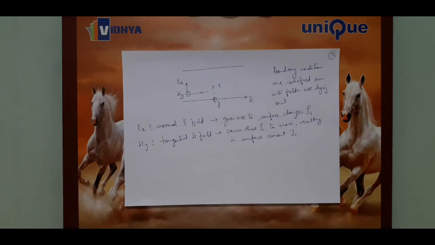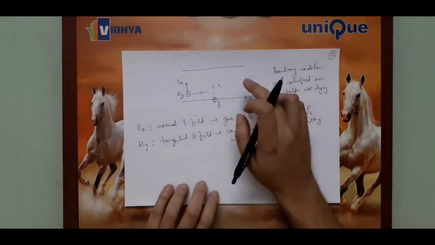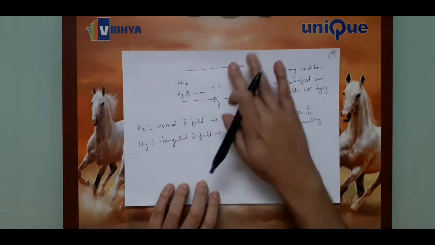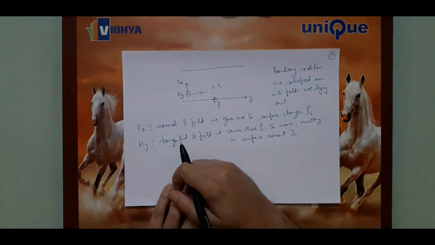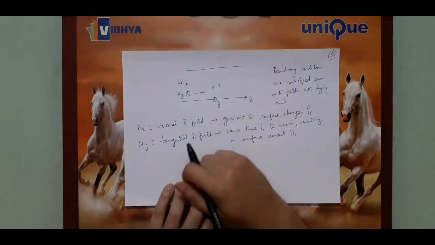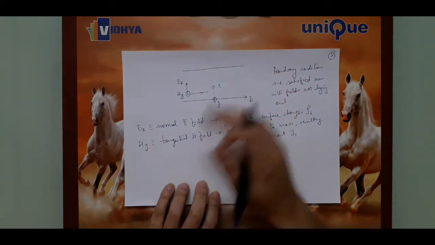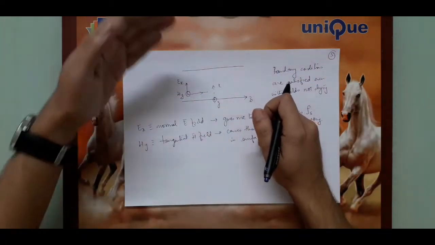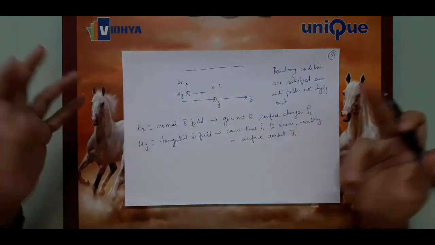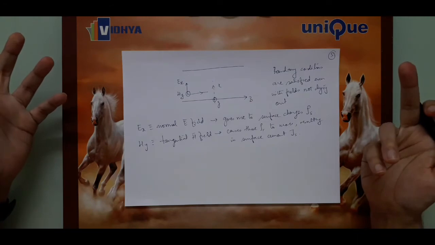Now what is more important to note here is that this wave would have existed even without those two conductors. It's like saying these conductor walls are not playing much of a role anyway.